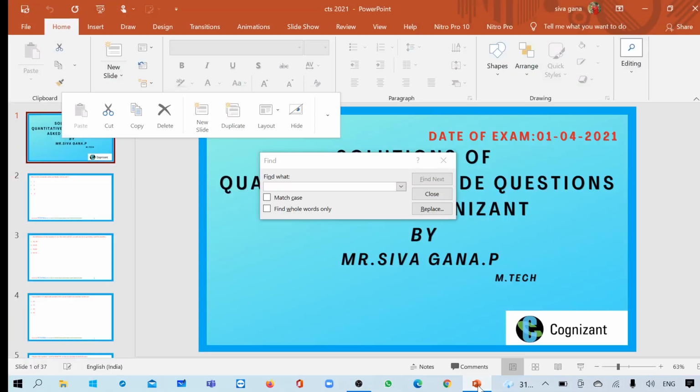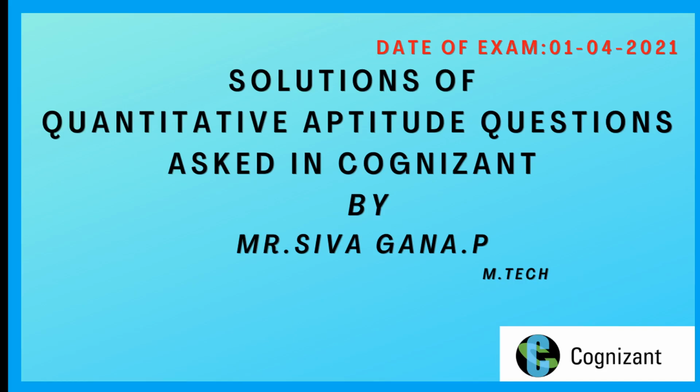In this video, I'm going to explain the solutions of quantitative aptitude questions asked in Cognizant, a famous multinational company. The date of examination is 1/7/2021, that is 1st July 2021, which means a very recent paper.